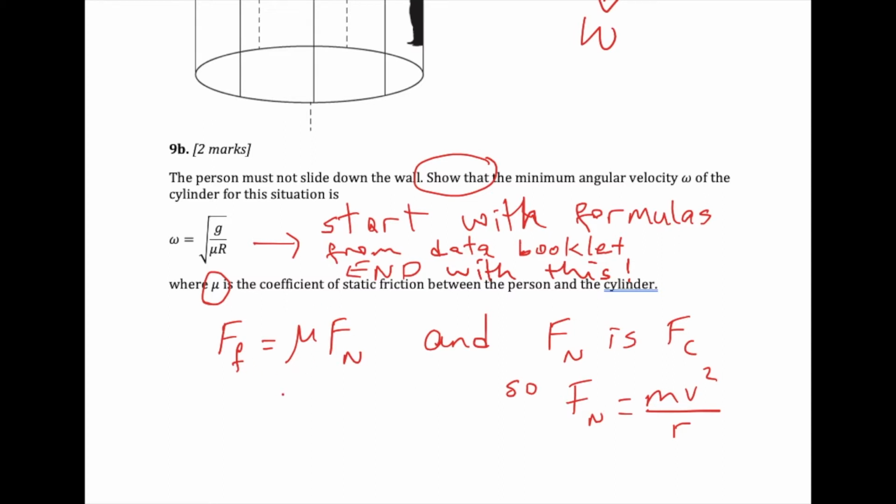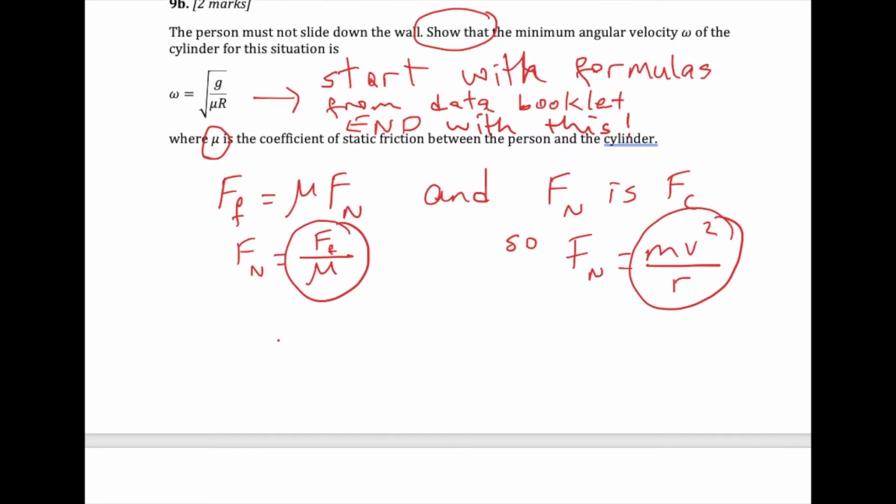And I can rearrange the friction equation for the normal force as well and write it as the force of friction divided by mu. Now, since these are both expressions for the normal force, I can set them equal to each other. Force of friction divided by the coefficient will be equal to mass v squared over r.